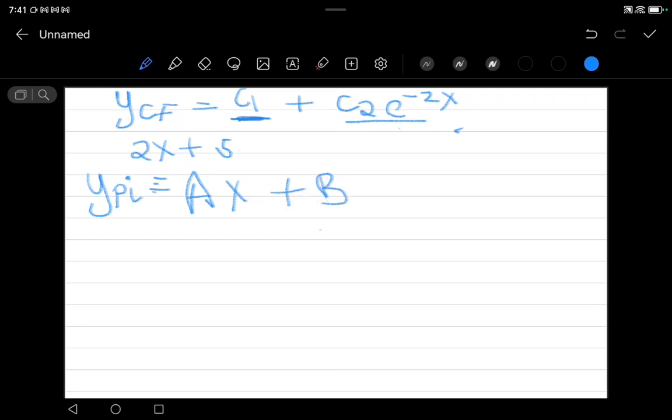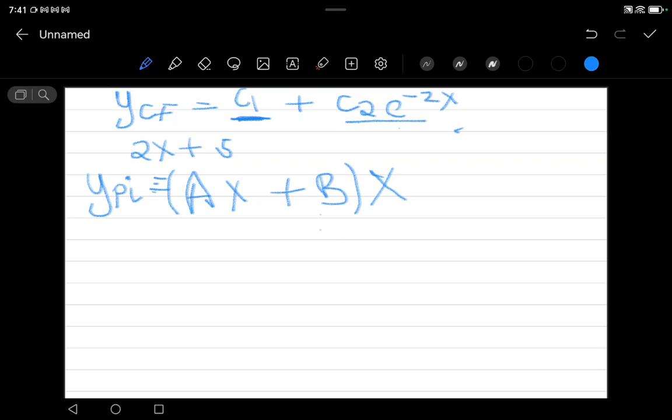Our YPI is linear, so we write it as ax plus b, and then we check, okay, on YCF do we have a constant? Yes, and on YPI I also have a constant, so I'm going to multiply by x so that we don't have a constant on both, so that we can also get the values of a and b. If you don't multiply, you're going to get only one value, but we want two values.